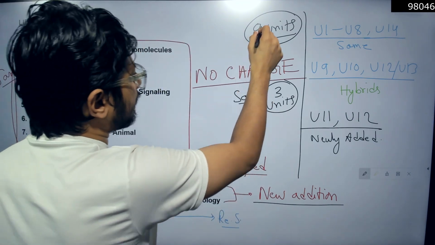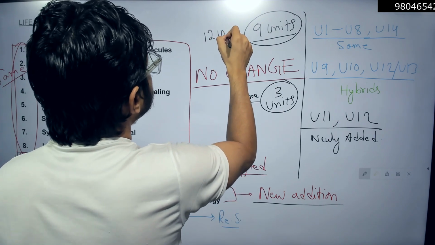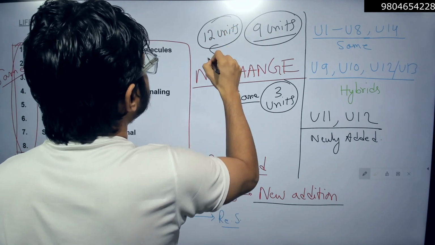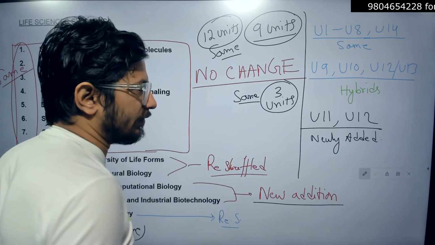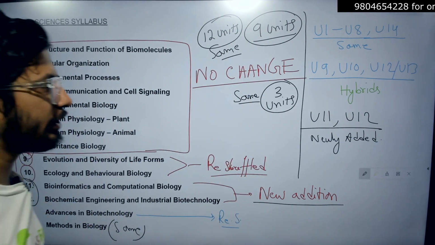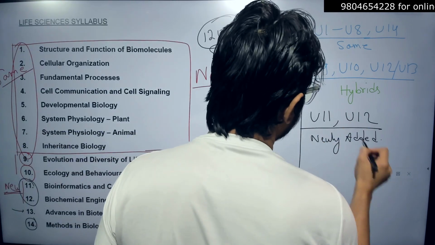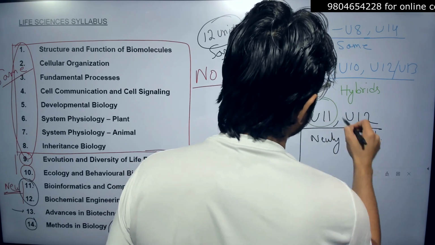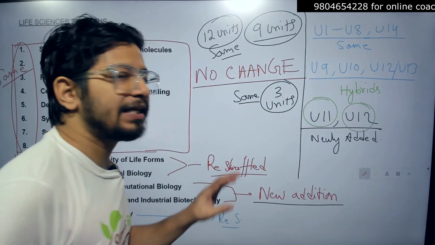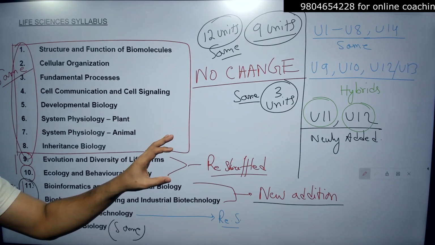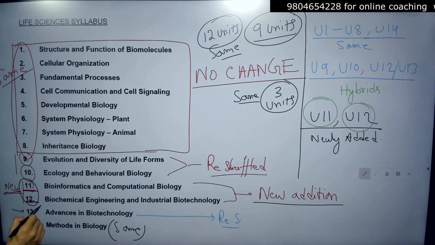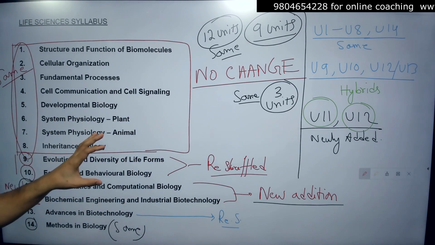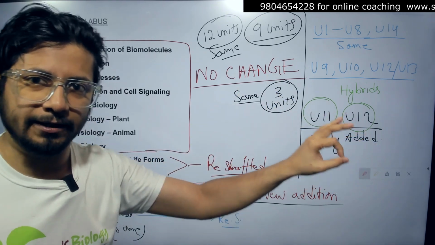So in total, 12 units that were there earlier are still there in the new syllabus. That gives us only 2 units, unit 11 and unit 12 as per the new LSBT syllabus, which are completely new topics added.